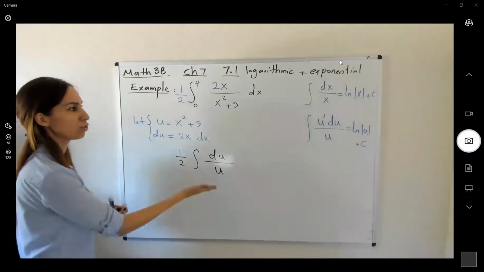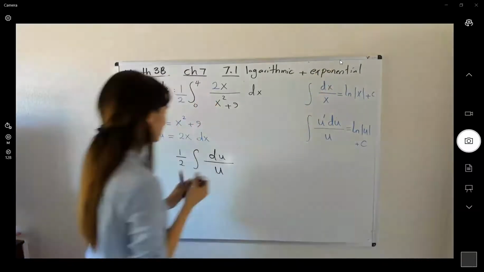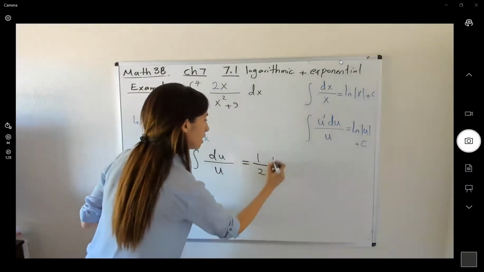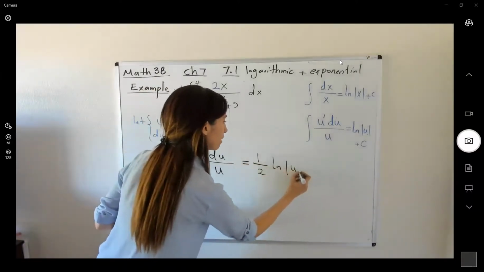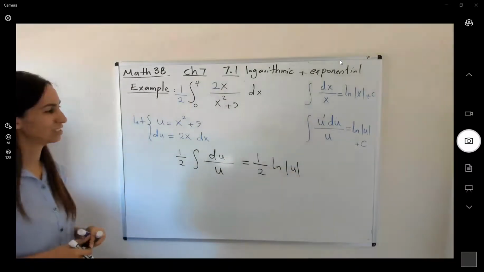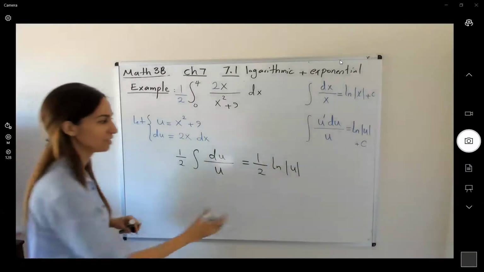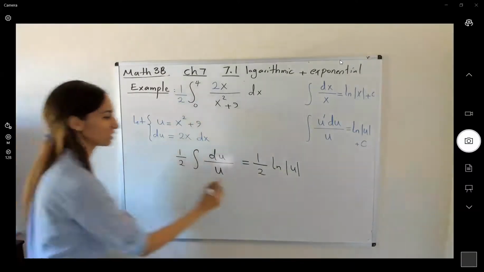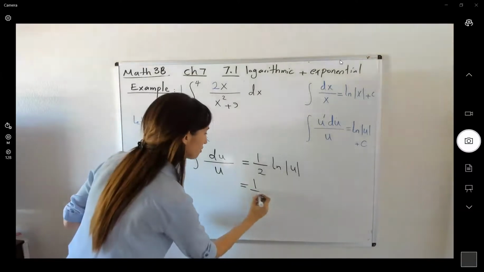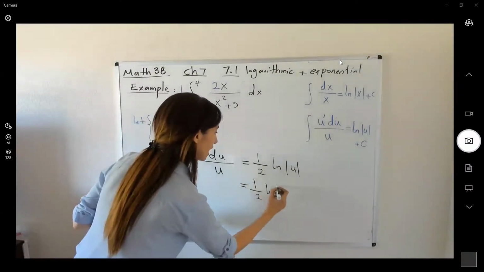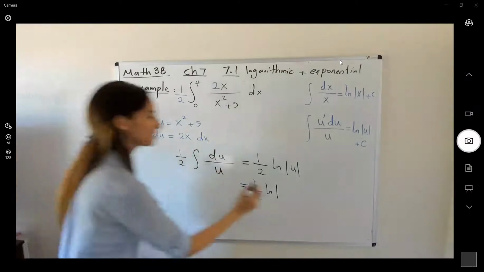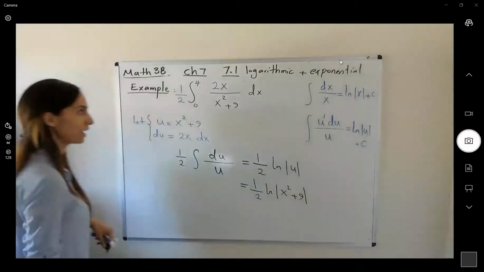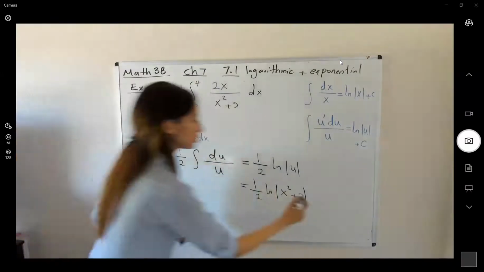I have du over u, like dx over x, which is equal to a half ln of absolute value of u. Very well. U is x squared plus 9. So you have a half ln of absolute value of x squared plus 9. And I know x ranges between 0 to 4.